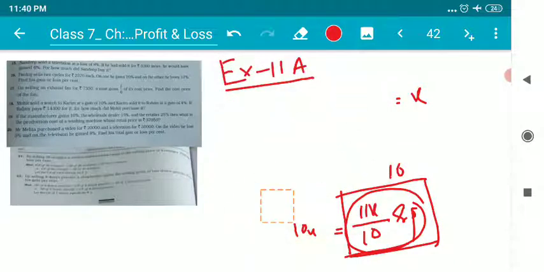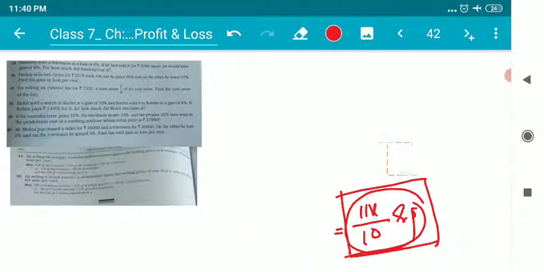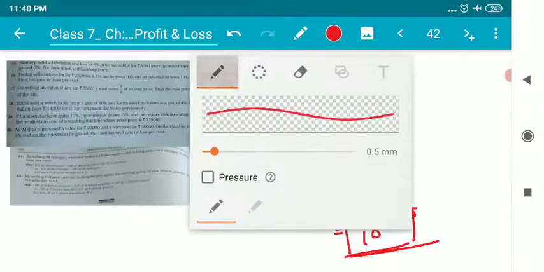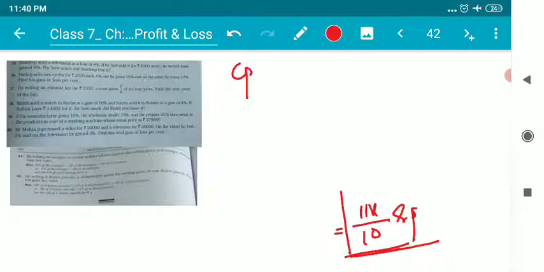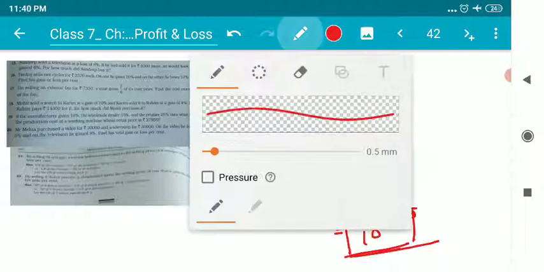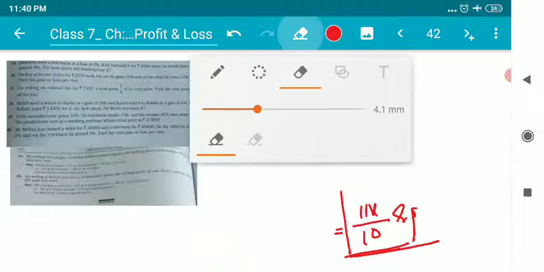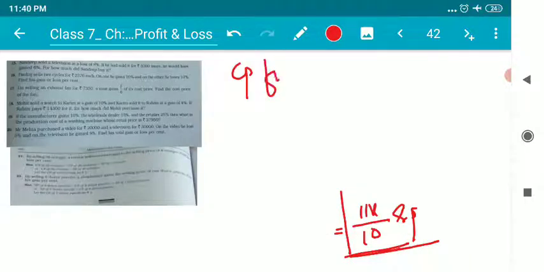Okay, let me clean up this space a bit. So now the cost price for the wholesaler is 11x by 10.